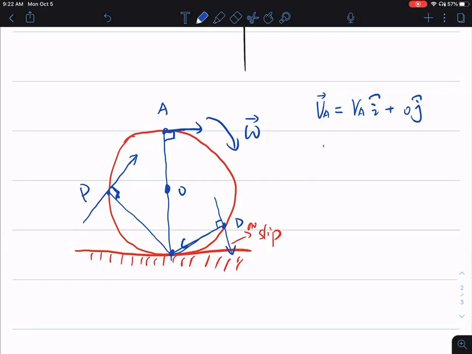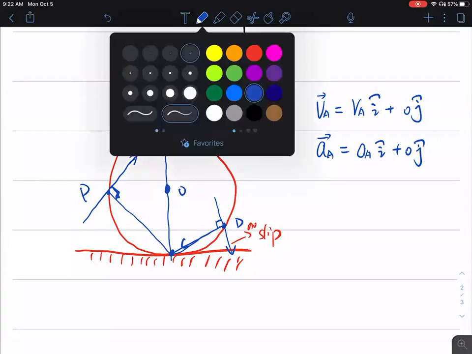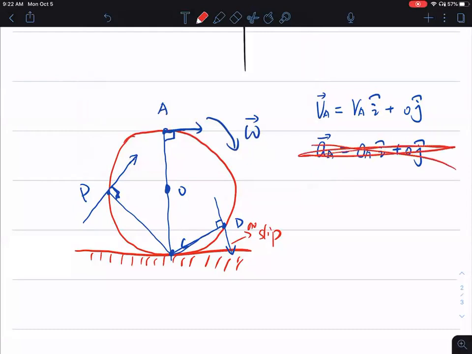Okay. Now, what is AA? What is AA? If I want to write out my AA as a vector, can I do this? Oops. Can I do this? Who tells you we have 0 on J? No one tells you that. So this is not right.